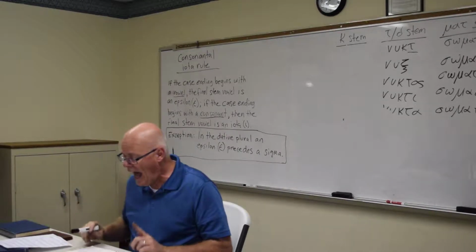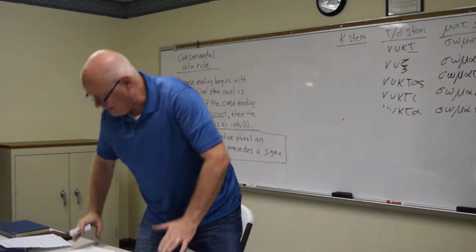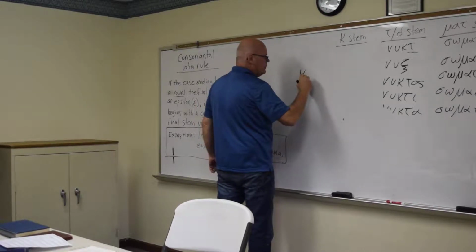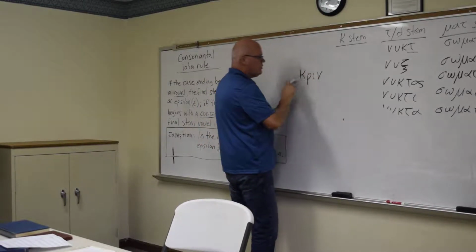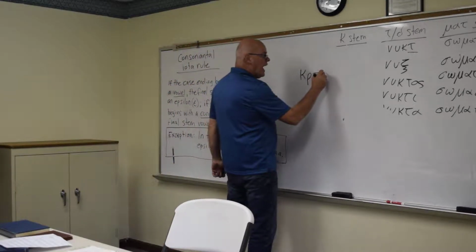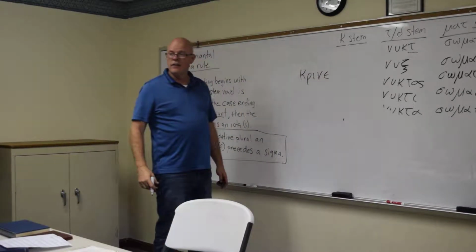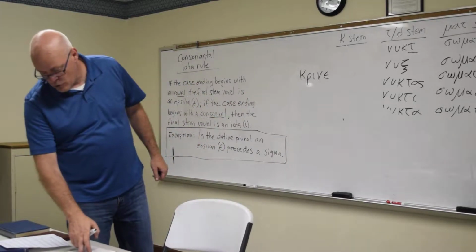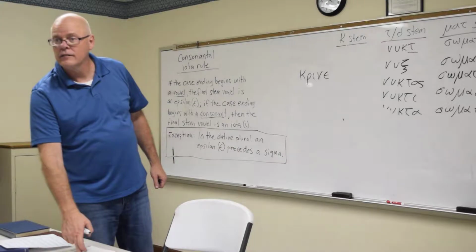Number one, I add an extra epsilon. So let me take crino. We're going to take crin. That's my stem, right? So the first thing I do is add my epsilon. Then the next thing I do is drop the normal sigma.